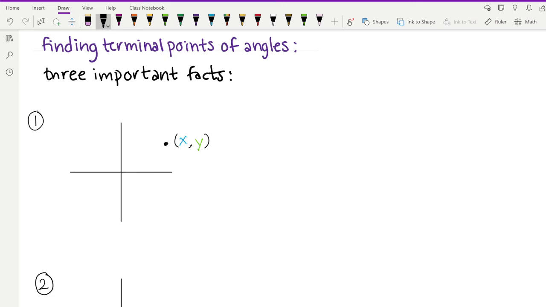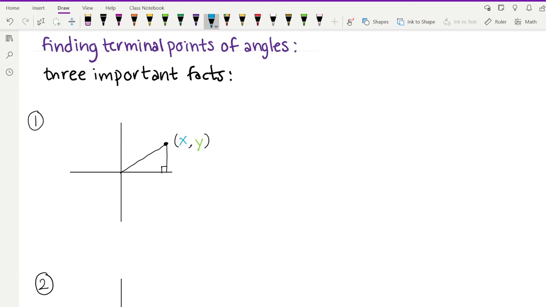If you take this point and you draw a right triangle, and the way I'm going to draw this right triangle is by drawing a line straight down to the x-axis and then connecting it to the origin. So we have a right triangle that has our point as one of its vertices. How are the x and the y coordinate of this point related to this right triangle?